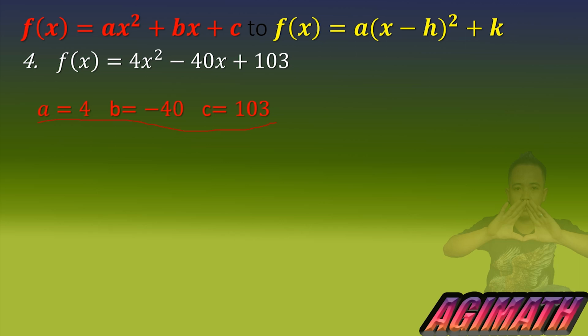Next, we are going to use the formula h is equal to negative b over 2a, and what we are going to do is just substitute and simplify.